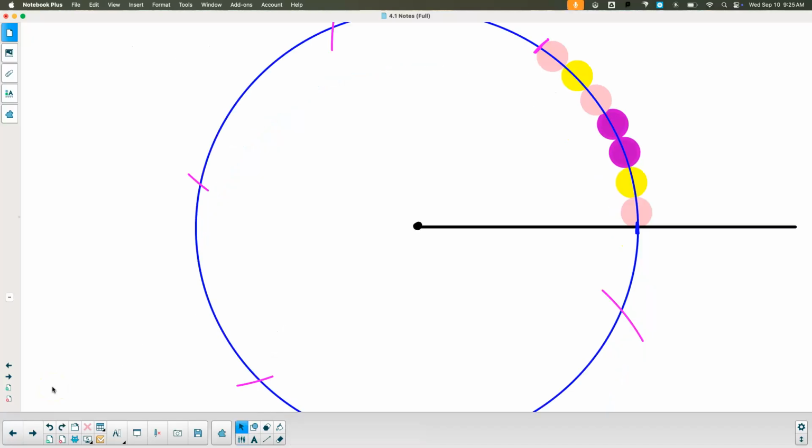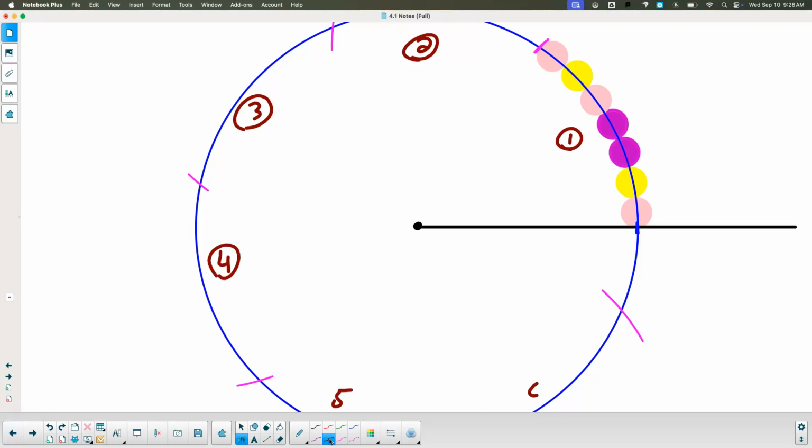So you should have found that when you went around the circle, you ended up with 1 there, 2 there, 3, 4, 5, 6, and then, if you did it right, you should have had a little gap coming back, or a little gap there.